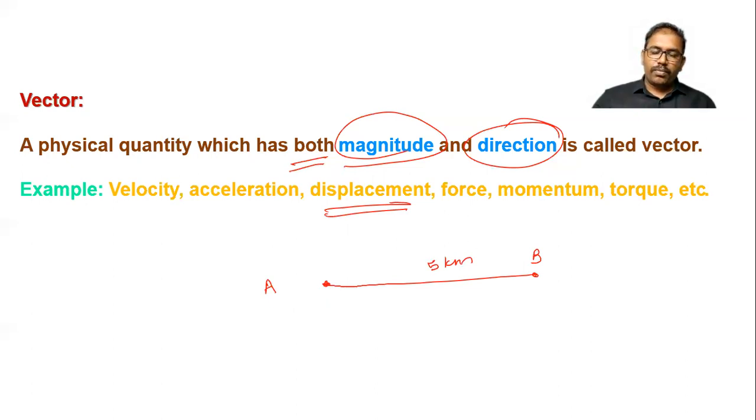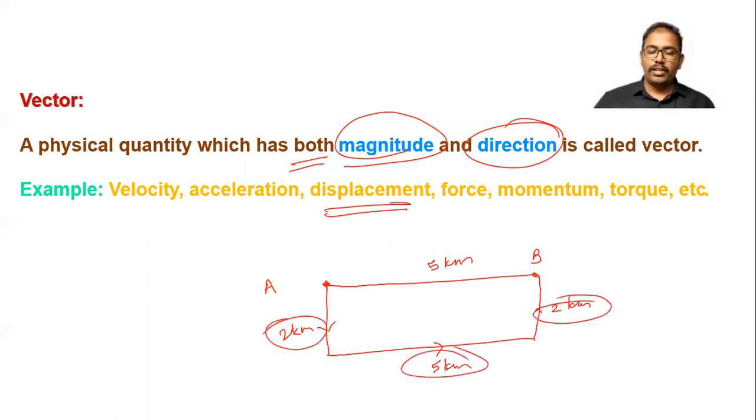But instead of going straight, suppose a person goes in this direction 2 kilometers, then turns 90 degrees, travels 5 kilometers, turns again 90 degrees, and travels 2 kilometers. Then the distance here is 2 plus 5 plus 2, 9 kilometers, and the displacement is 5 kilometers. Displacement means the shortest path between the initial and final position. So displacement is 5 kilometers and distance is 9.